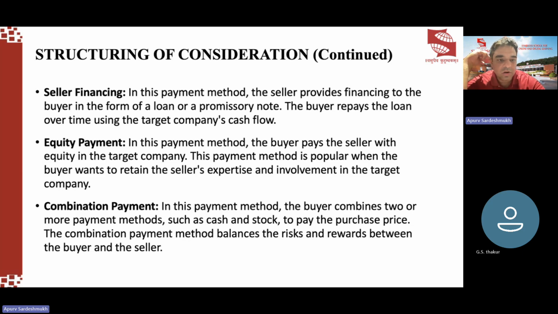And obviously, a lot of these times, whether it's cash, leveraged buyout, loan, swap of shares, seller financing, buyer financing, sometimes you can have a combination of all of these to acquire. So structuring of the manner in which an acquisition is taking place, and structuring of the manner in which a company pays the payment price, the purchase price, the consideration, that's one of the more important aspects of investment finance.